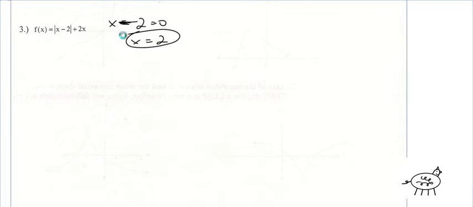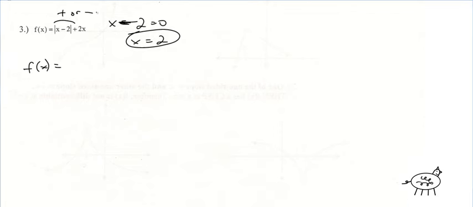Well, I need to look at the left-hand limit. I need to look at the right-hand limit. And I can't do that unless I have it turned into a piecewise function, because really it's complicated to do it with an absolute value function. So let's change it into a piecewise function. So basically what you're doing is this value here can either be a positive value or it can be a negative value.